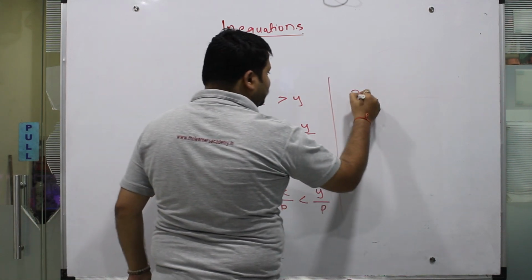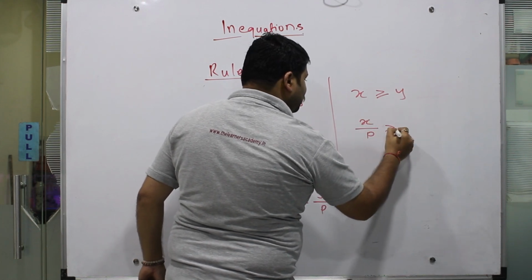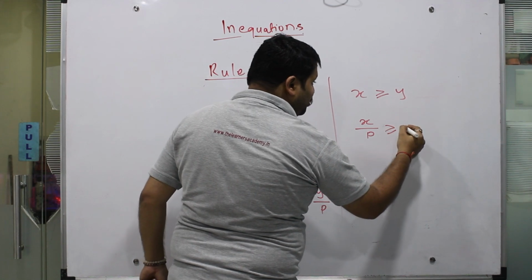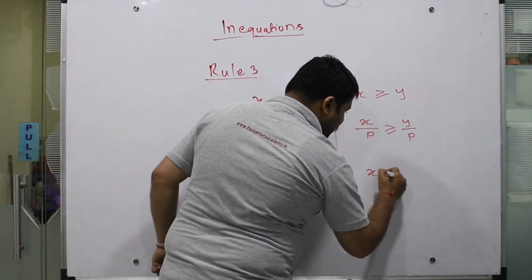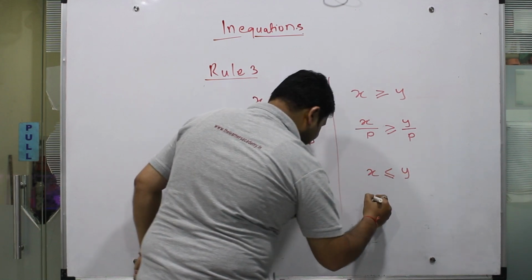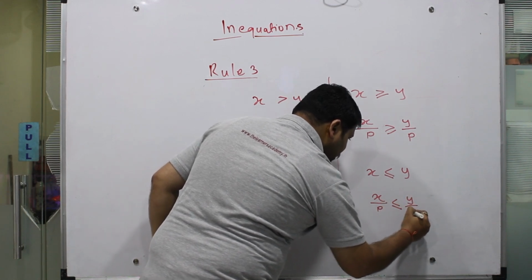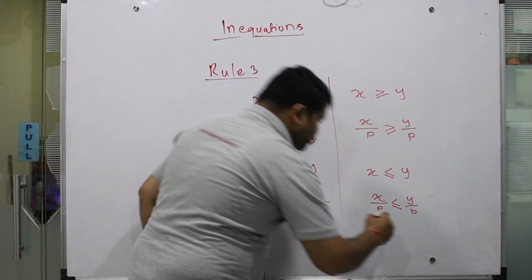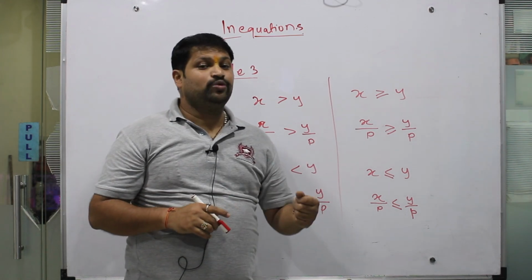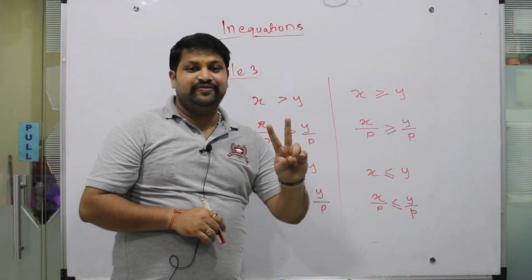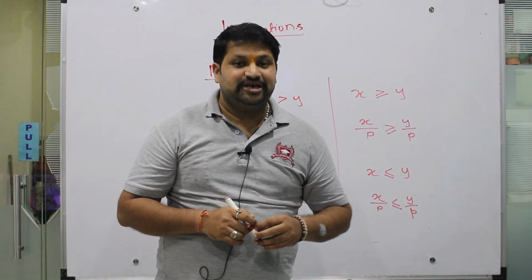If x is greater than or equal to y, then x by p will be greater than or equal to y by p. And if x is less than or equal to y, then x by p will be less than or equal to y by p. So in all these inequations, we can see that according to rule number 3, if we are multiplying or dividing by a positive integer, then the sign would not change.